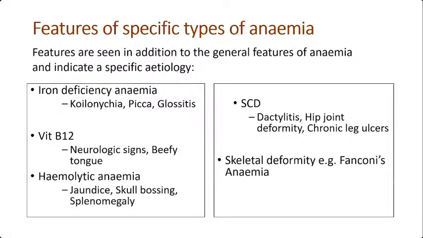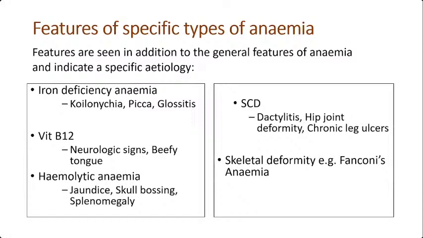If it is due to sickle cell disease, you may find dactylitis, which is the swelling of the fingers. Patients with sickle cell disease also tend to get hip joint deformities and therefore have abnormal gait and pain in the hips. They may also have chronic leg ulcers.